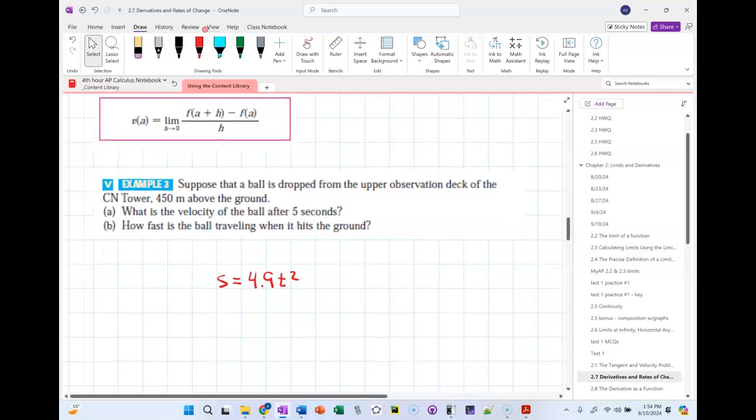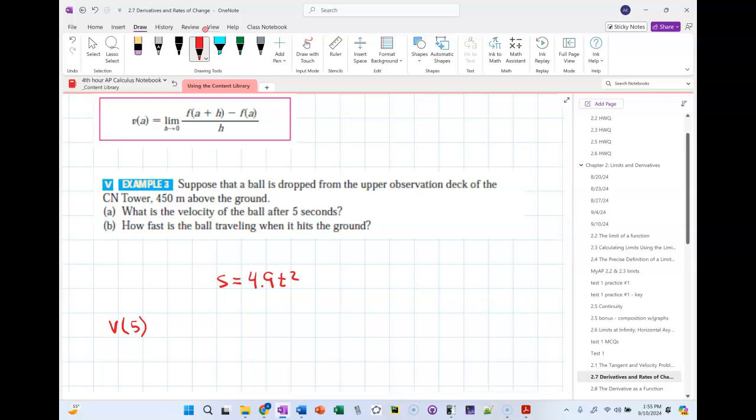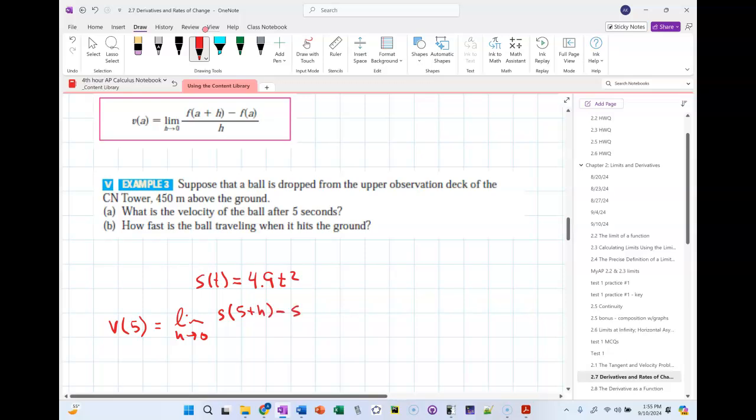So if I want the velocity after 5 seconds, I want this, right? V of 5, which will be the limit as h approaches 0 of, let's change that to s of t, s of 5 plus h minus s of 5 over h.